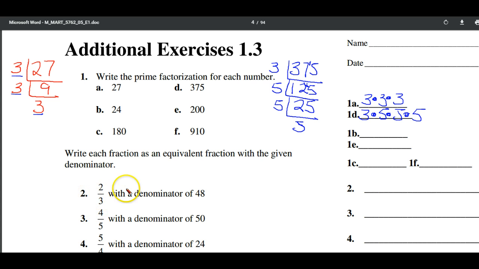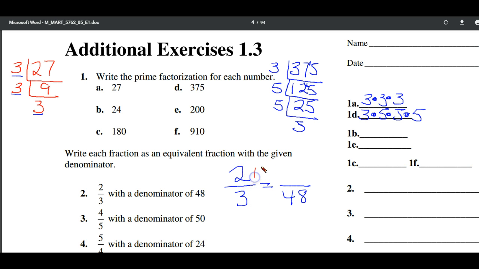And for items like this, we want to have a denominator of 48. So we set it up like this. And our new denominator will be 48. So what do you multiply 2/3 by to get a denominator of 48? Now it has to be some form of 1.